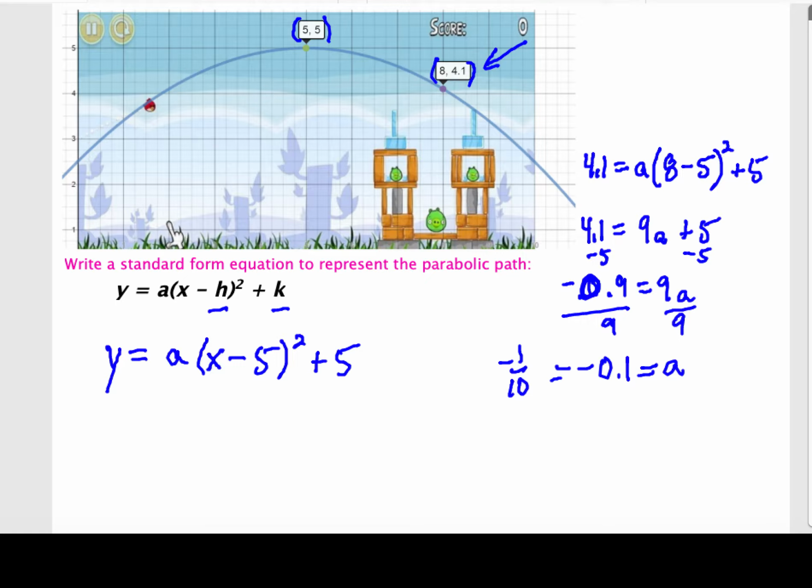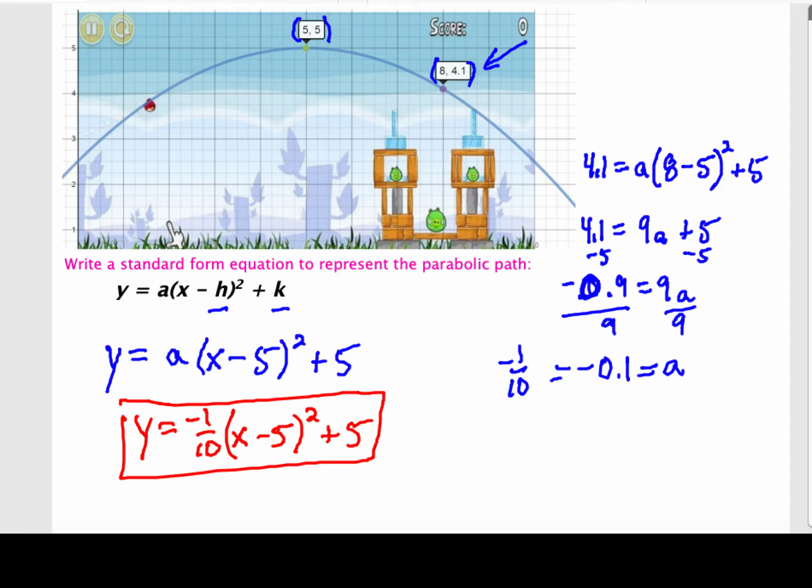And now I could go back to my equation and say, okay, a good final standard form equation then is y equals negative 1/10 times (x minus 5) quantity squared, plus 5. And we have then our vertex form equation.